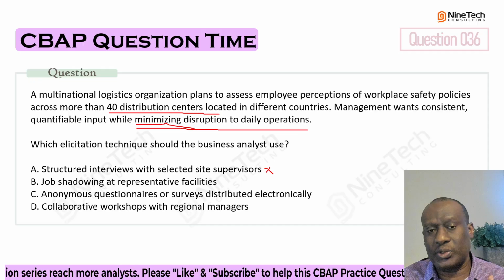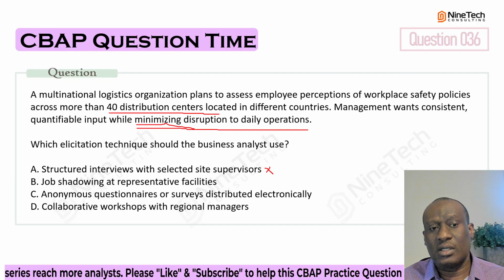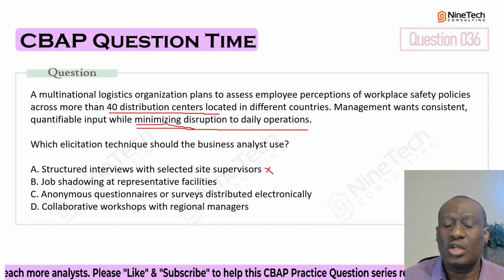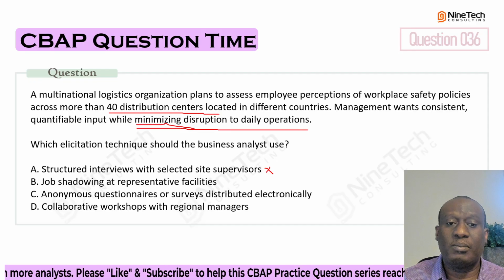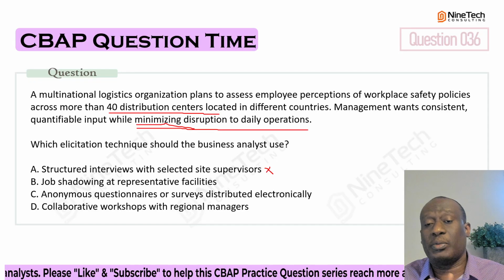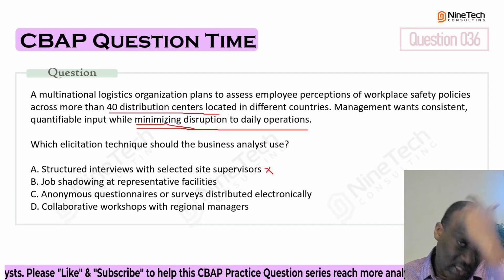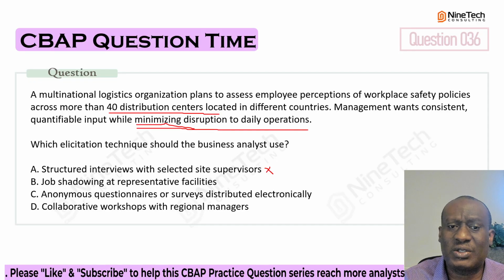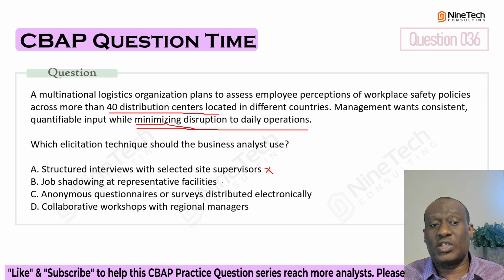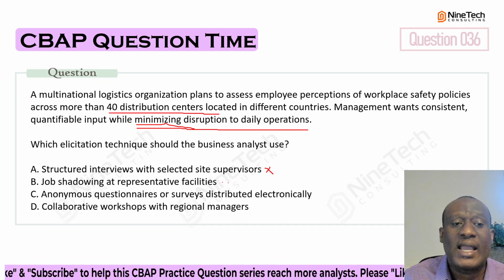Now, you have two types of job shadowing or observation. You have active and passive. Both of them will need you to engage or at least to be present with that particular stakeholder. So for now, I'll just put a dot here. Because it doesn't state what kind of observation, whether it's active or passive.